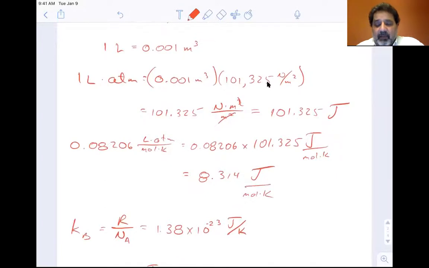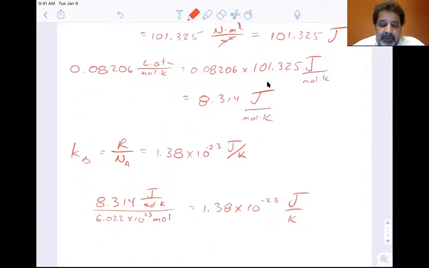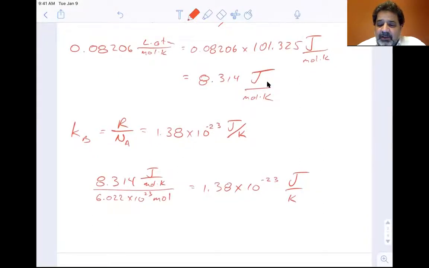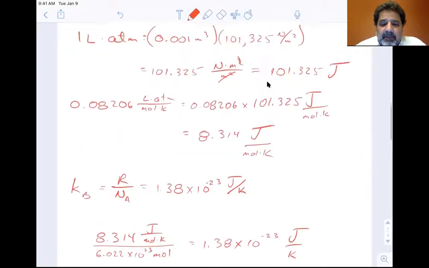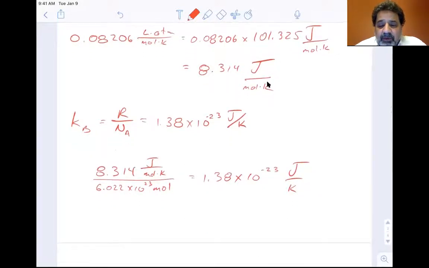Okay, then we also have Boltzmann's constant, k_B. There's a lot of k's in physics, so we specify Boltzmann's constant, k, with a little capital B subscript. And if you take the ideal gas constant, R, and divide it by Avogadro's number, you get 1.38 times 10 to the minus 23 joules per Kelvin.